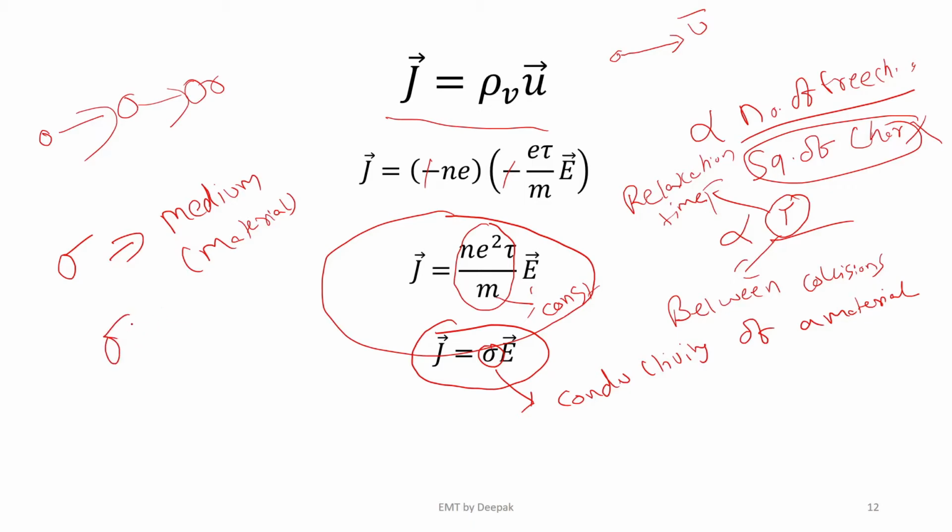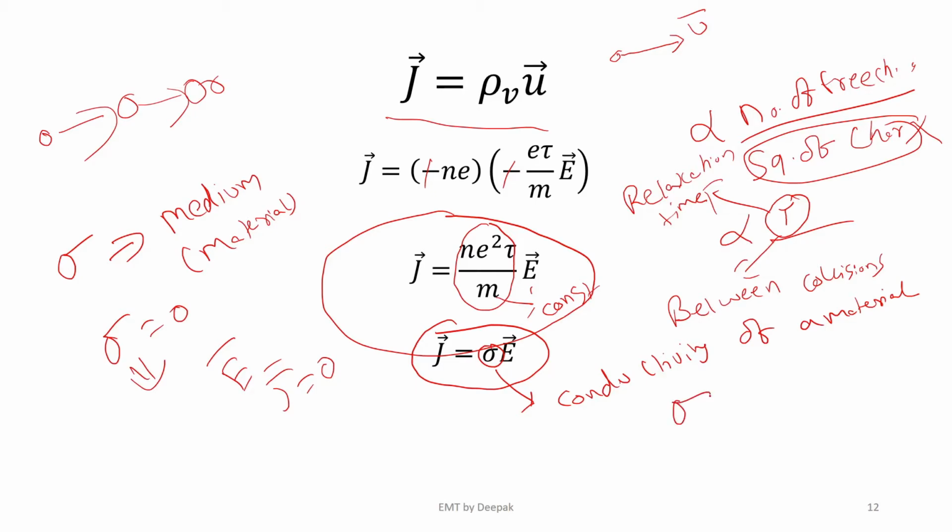Now, if sigma equals 0, that means however high the electric field intensity might be, J bar would still be equal to 0. That means there would be no current flowing.